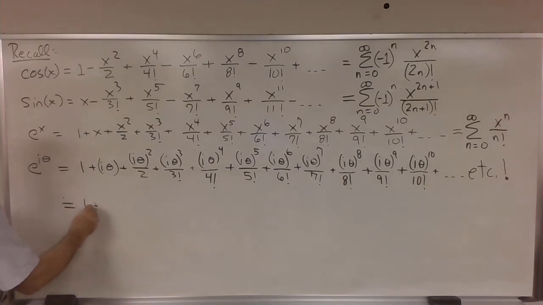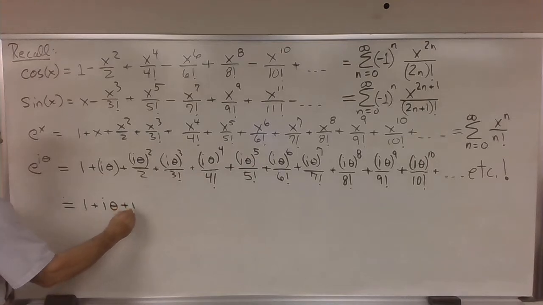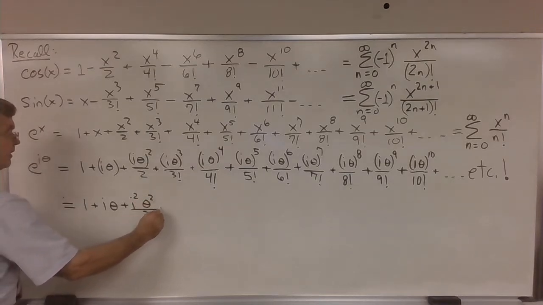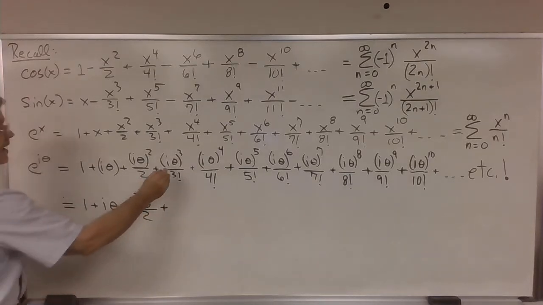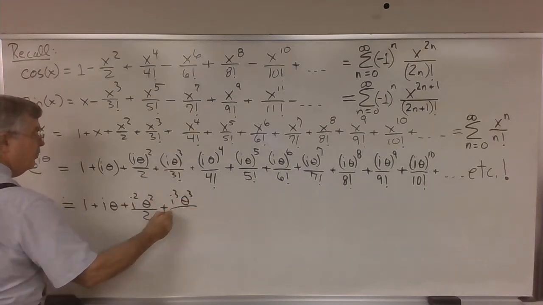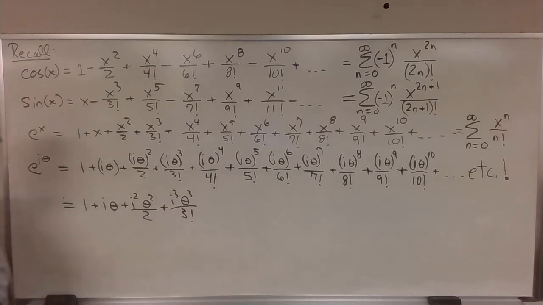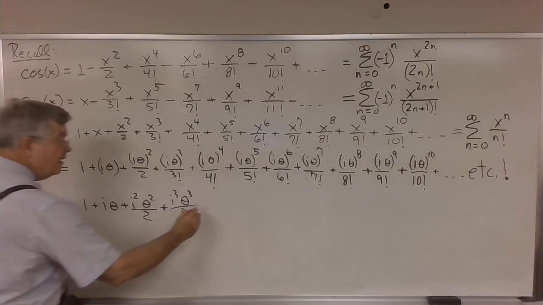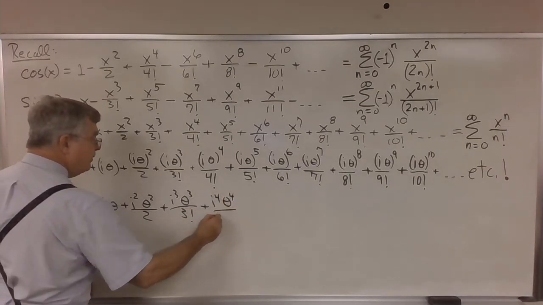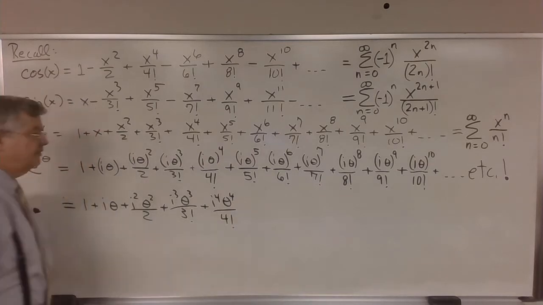So what this turns out to be is 1 plus i theta plus i squared theta squared over 2 plus i cubed theta cubed over 3 factorial plus i to the 4th theta to the 4th over 4 factorial.